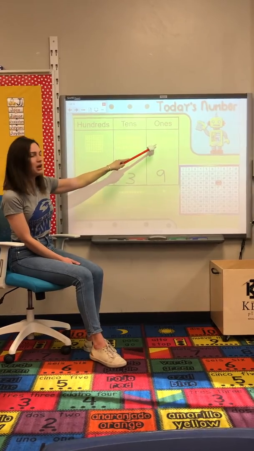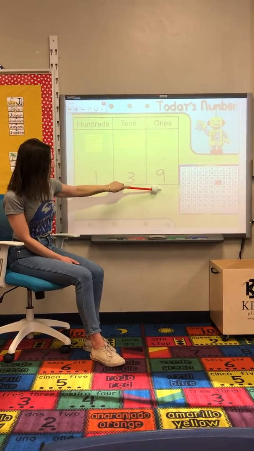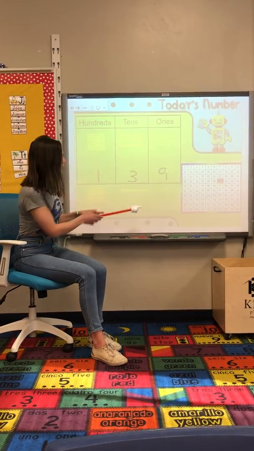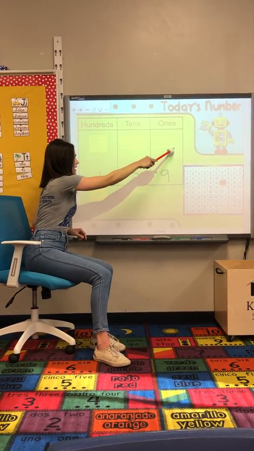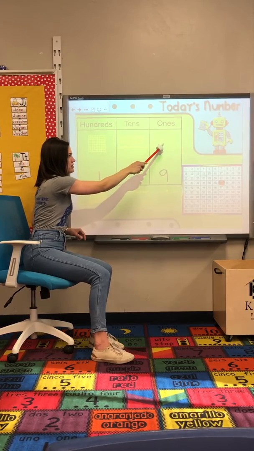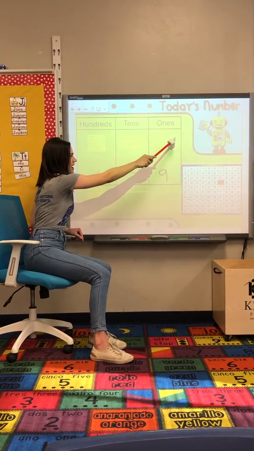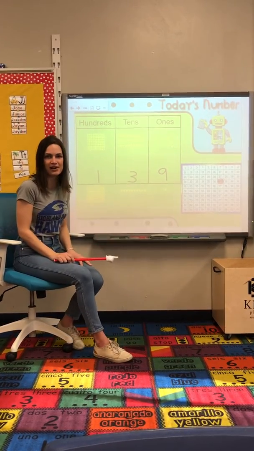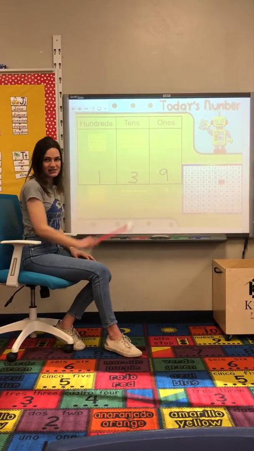We're going to add one more to our days of kindergarten, so I'm going to add one block. How many does this give me? 1, 2, 3, 4, 5, 6, 7, 8, 9, 10. Do you remember what happens when we get 10 blocks?